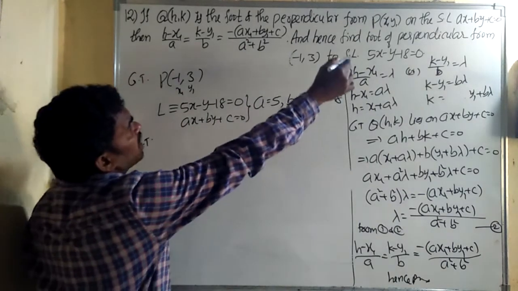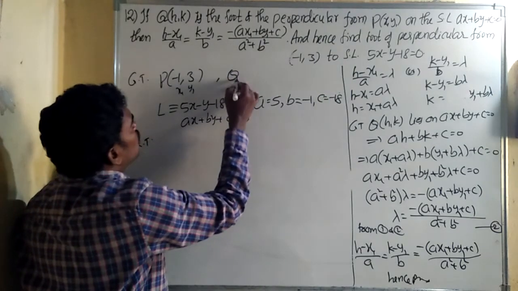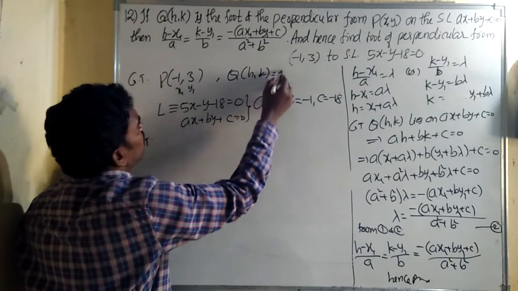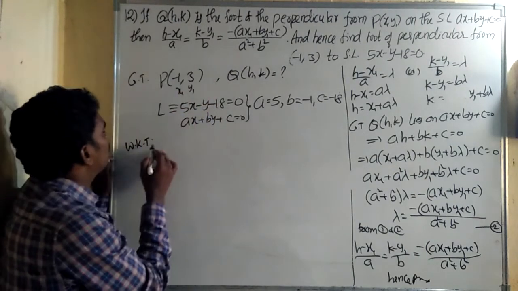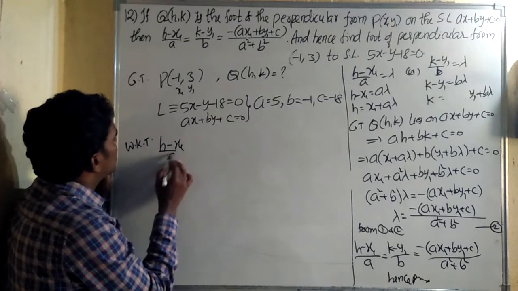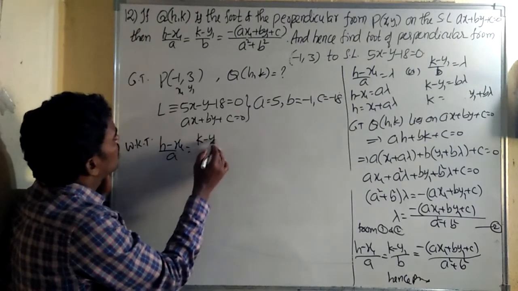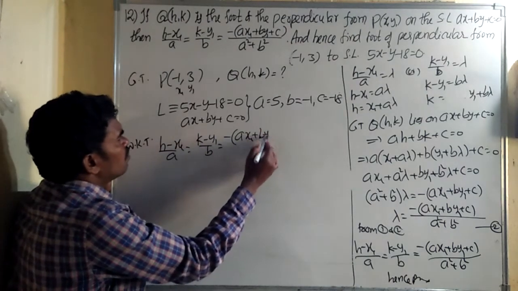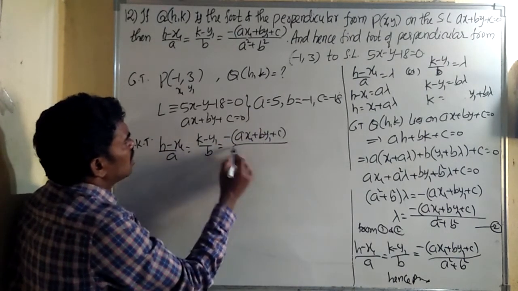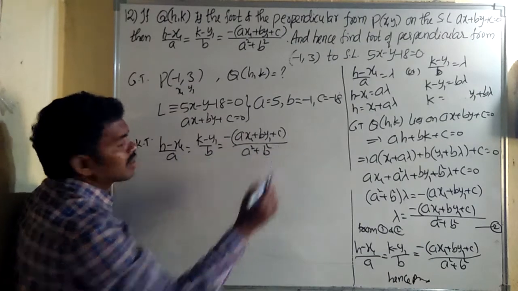What we have to find is the foot of the perpendicular, so Q(h, k) is what we should find. We know the theorem: (h minus x1) by a equals (k minus y1) by b equals minus (ax1 plus by1 plus c) by (a square plus b square).